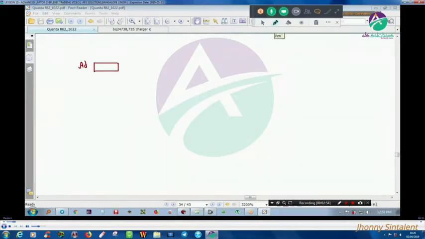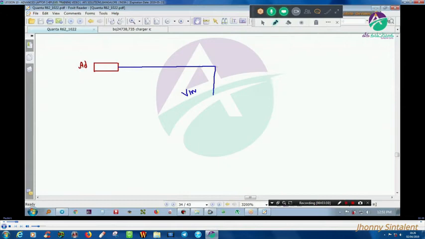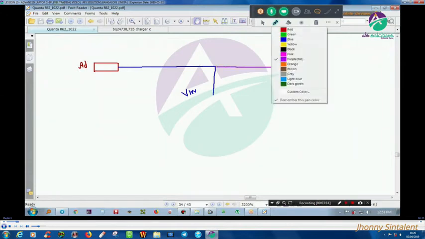What is the main goal of the path? The voltage has to reach my V in line, so V in path. One more goal: the voltage has to come to me from my battery part. Even this voltage has to reach my V in path.